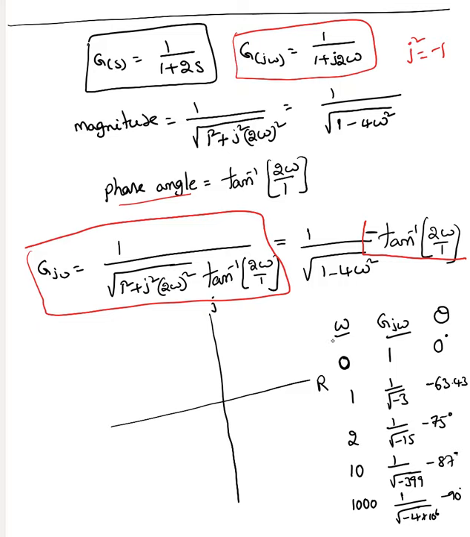Now I'm substituting omega value and finding magnitude and phase angle. Okay, so this is the real axis, imaginary axis. So here I have gj omega equal to 1 and phase angle is 0. So if I draw that, I'm going to draw a dotted line. Okay, it has a magnitude 1.